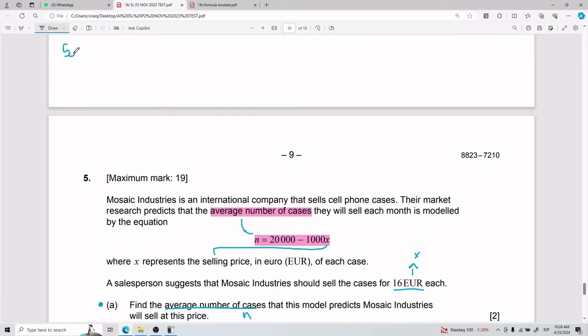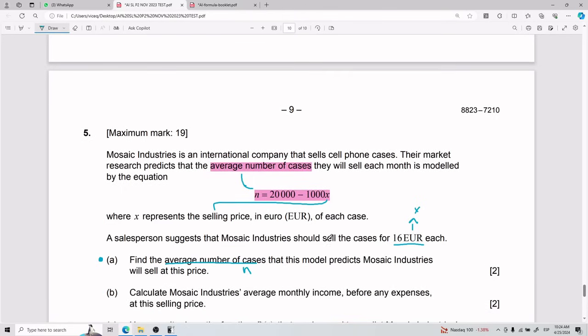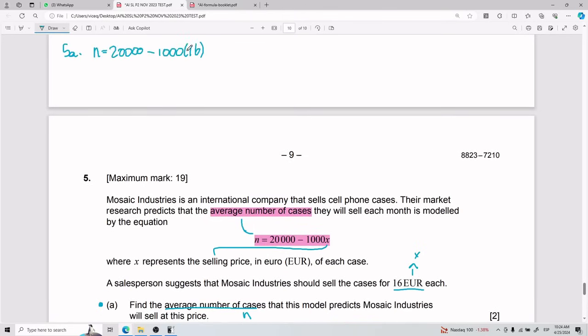This exercise is still relatively friendly. For part 5A, you need to plug into your function N an X of 16. So in other words, you will be asking your function, when X is 16, what is N? When each case is sold at 16 euros each, what is the number of cases that get sold?